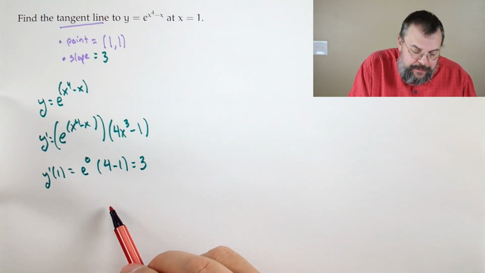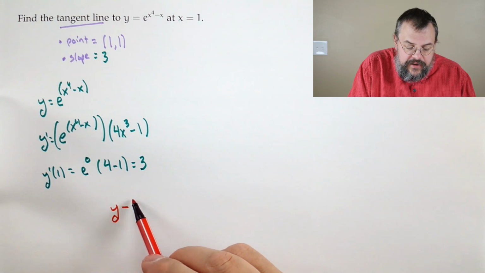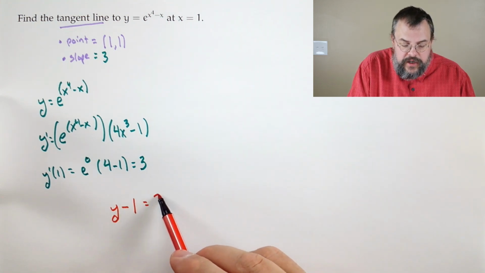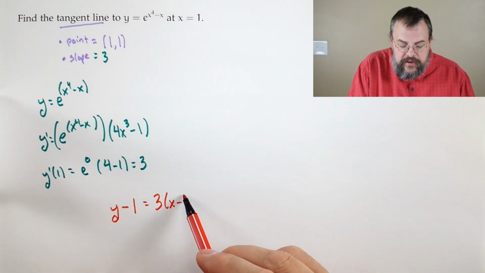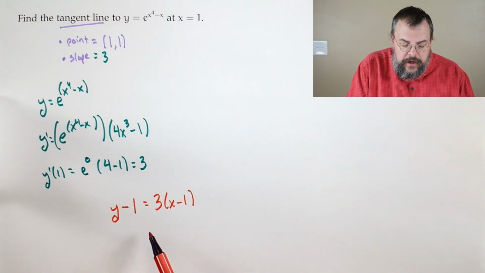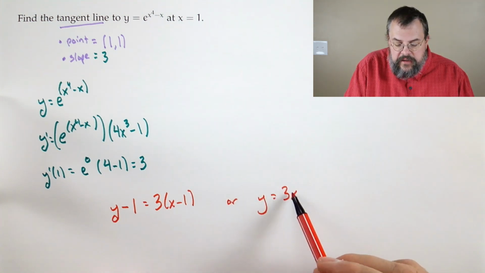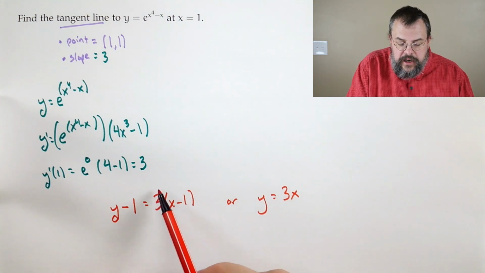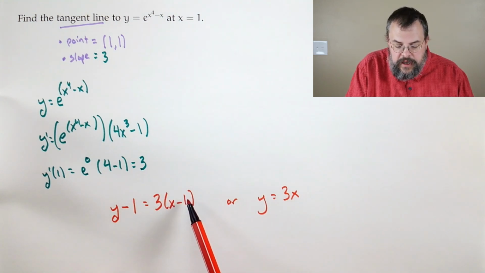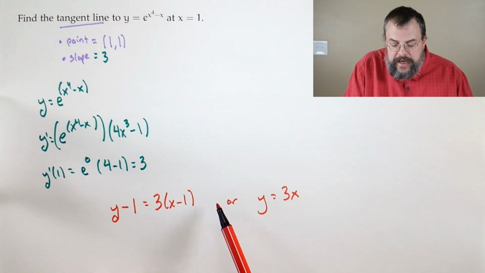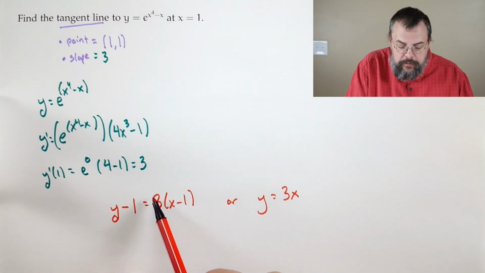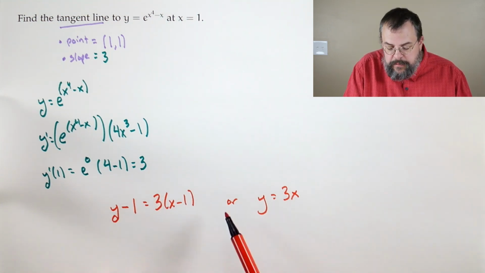I like that part. So y minus our y value is equal to our slope times x minus our x value. And we can rewrite that as y equals 3x. Now, here we have a minus 3. Then we're going to add 1, right? Because minus 3, this minus 1 comes across as a plus 1.